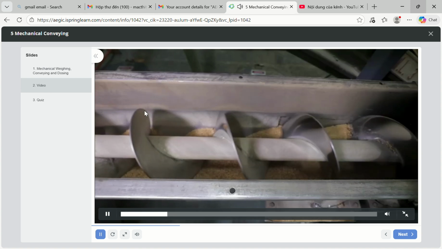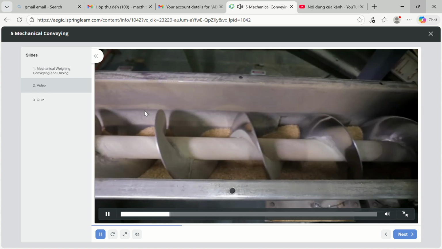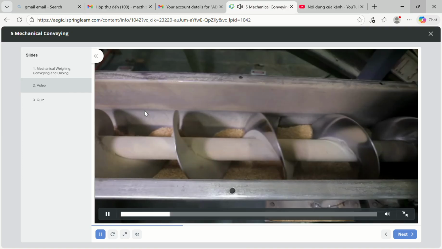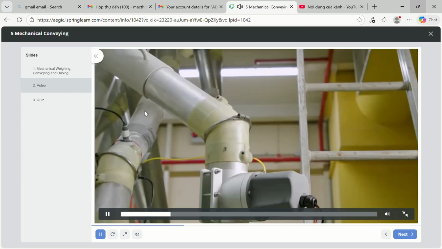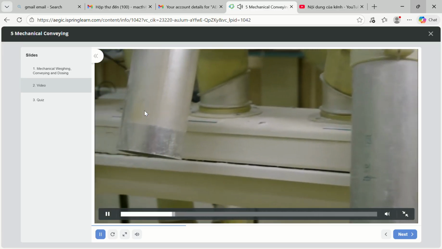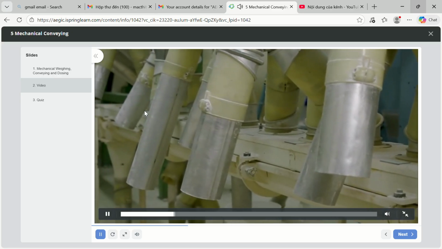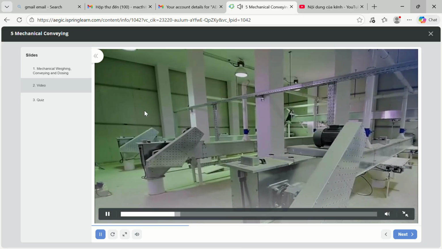Screw conveyors are generally used for conveying grain or flour horizontally or sometimes up shallow slopes. They are used chiefly over short distances, and usually for medium capacity applications.